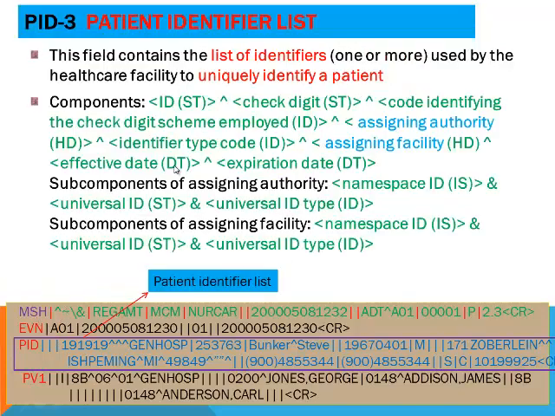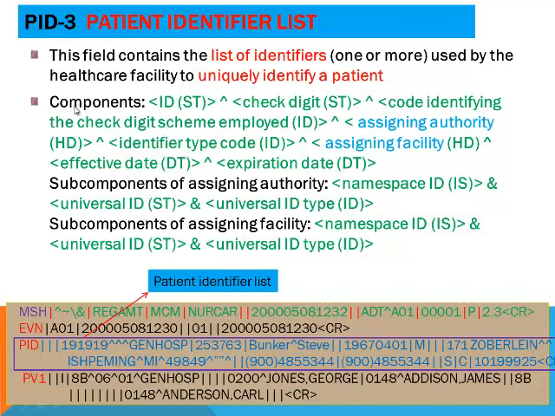As we talked about just now, PID3, the patient identifier list, is a required field. This field is very important. It includes all the information used to identify a person uniquely. This shows the grammar of how to compose these fields.